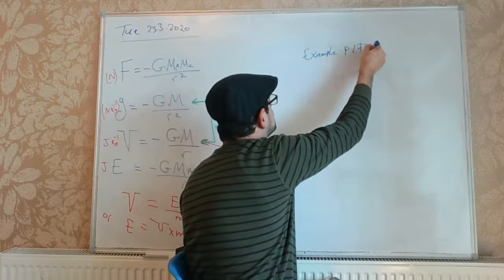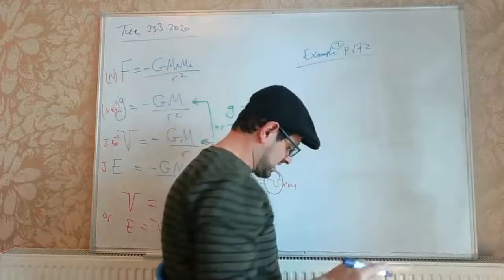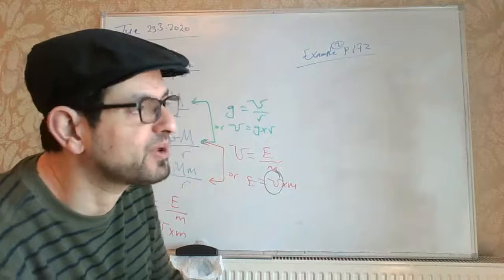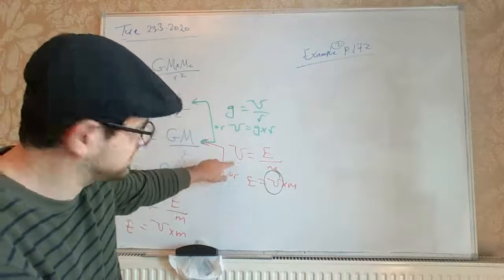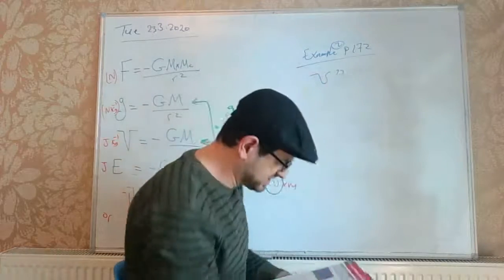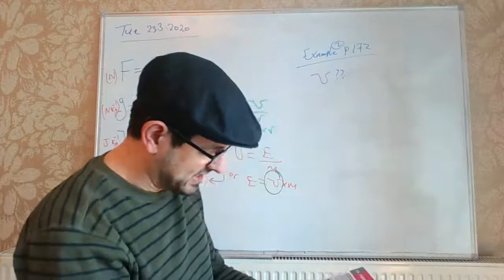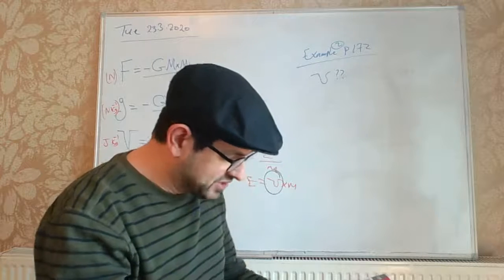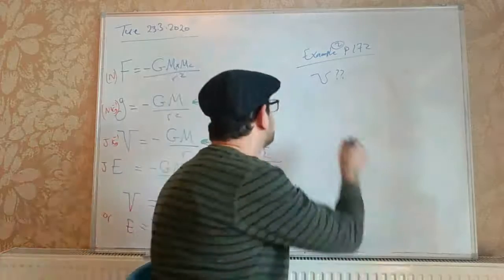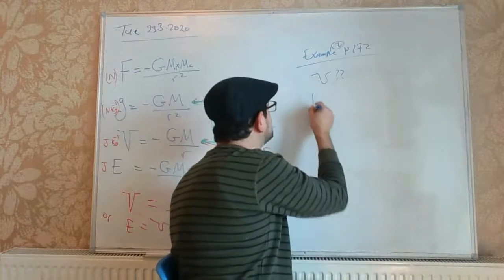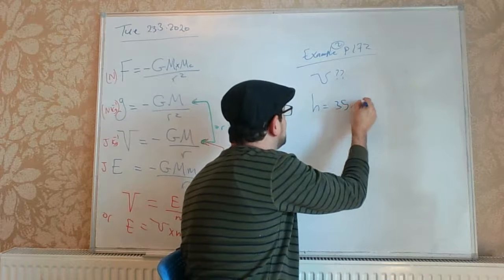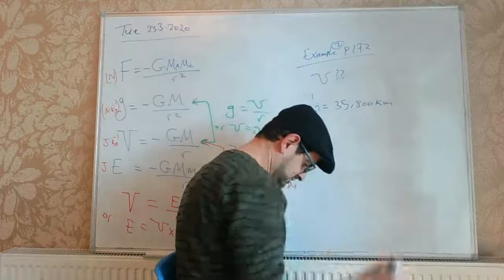Page 172, example 2. I'm going to calculate the gravitational potential. Potential, not potential energy. So not E, potential, V. Calculate the gravitational potential caused by the Earth at the distance of a geostationary satellite, which orbits at a height above the surface of 35,800 kilometers.